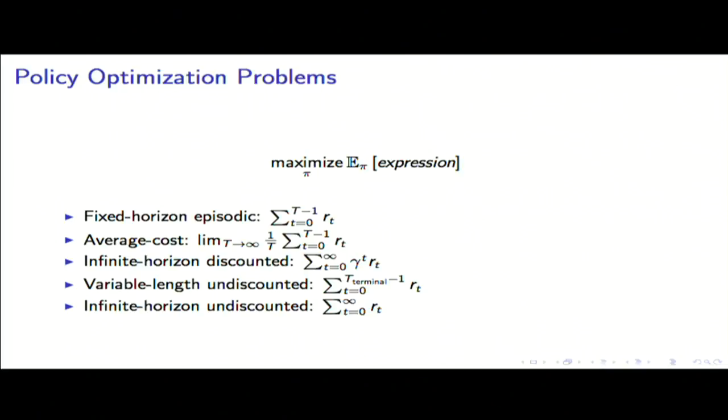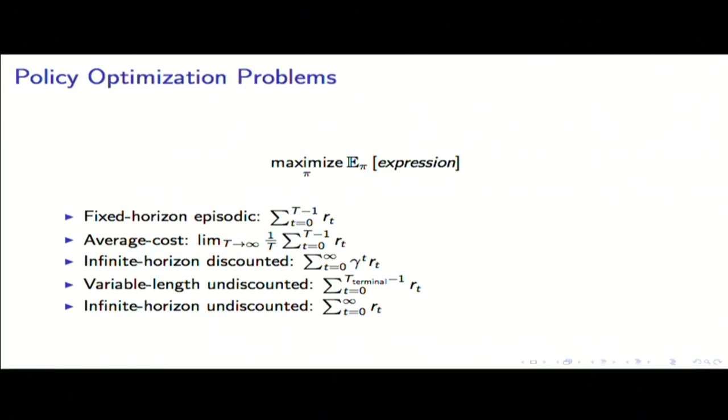So we have the fixed horizon episodic problem, where you have a fixed number of time steps, capital T, and you're trying to maximize the expected reward over that time horizon. Then there's an average cost problem, where you care about the limit as t goes to infinity of the sum of rewards. So you care about the average reward, which you can write down as the limit as t goes to infinity of the sum of rewards over capital T.